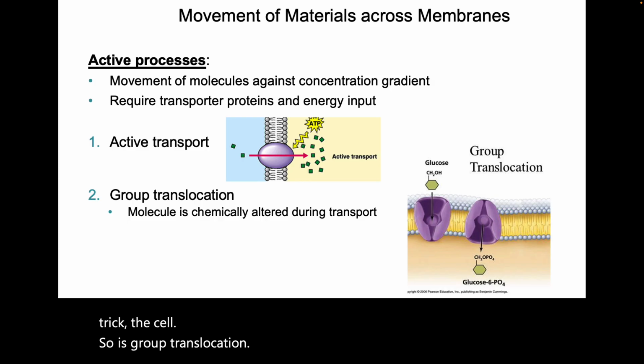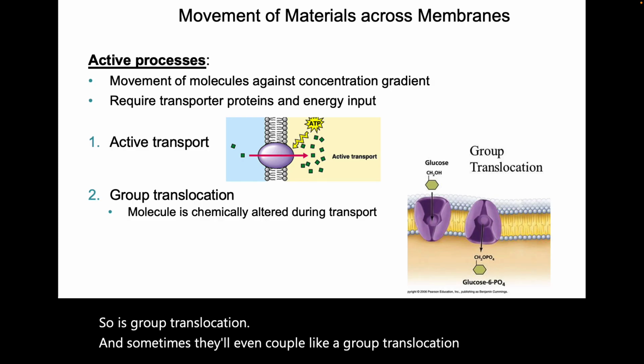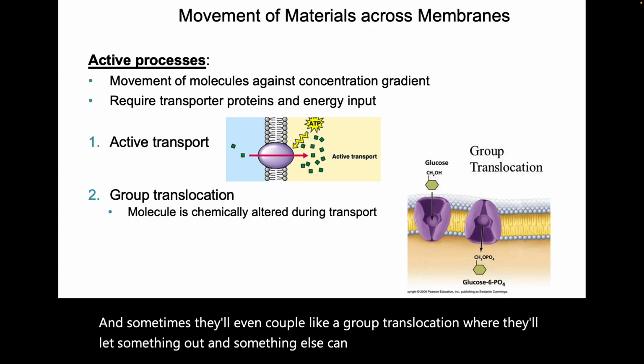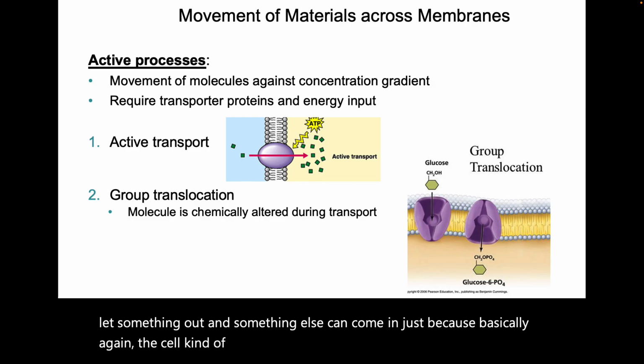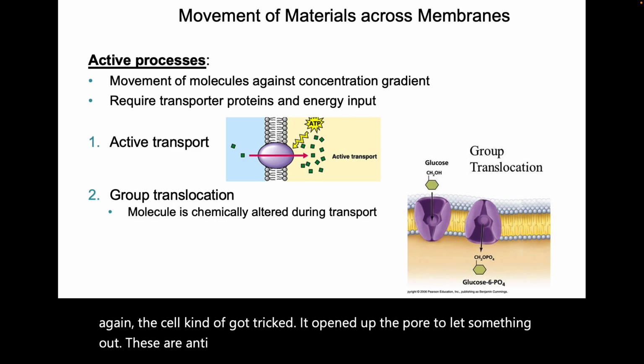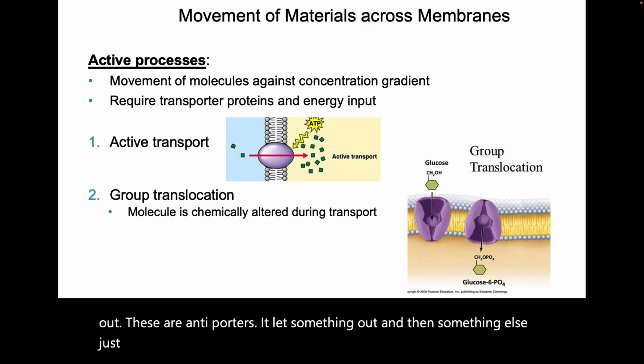And sometimes they'll even couple it, where they'll let something out and something else can come in. Basically, again, the cell kind of got tricked. It opened up the pore to let something out. These are antiporters. It let something out and then something else snuck in. Or vice versa.